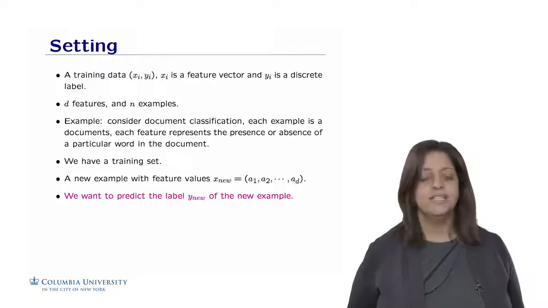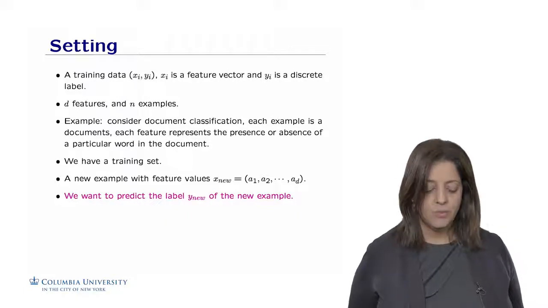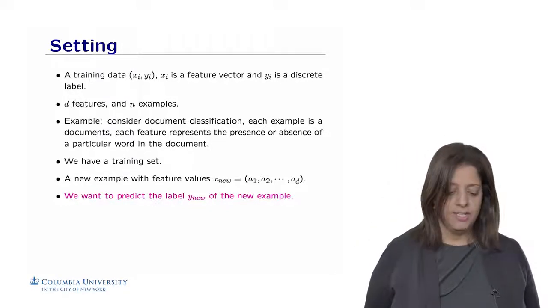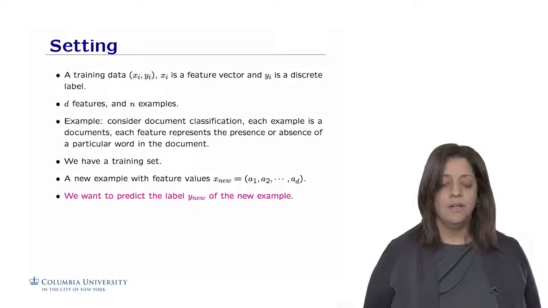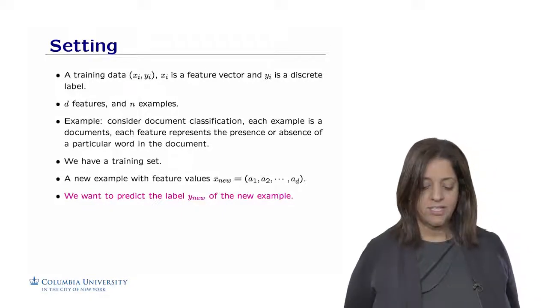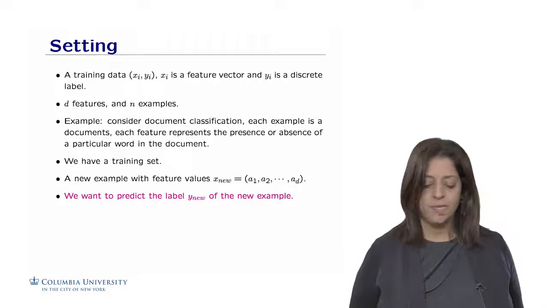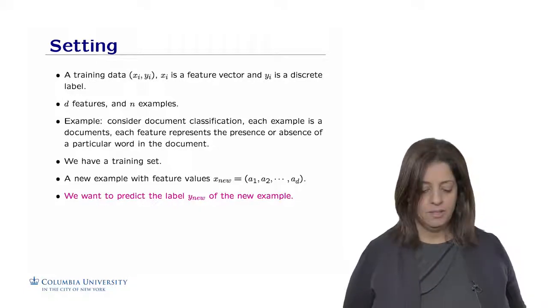Okay, so here's the setting. We have data and labels. X is the feature vector and Y is the discrete label. We have D features and N examples. For example, consider document classification. Each example is a document. Each feature represents the presence or absence of a particular word in the document. Okay, so we have our training set.